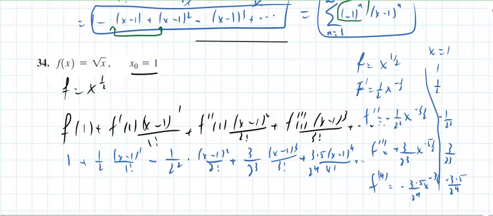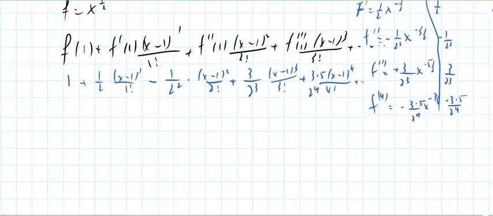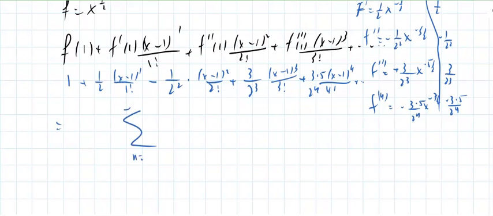So it seems we're looking at the series, n equal to infinity. There's an (x minus 1) to the n on each of those. These are moving up. It seems the denominator always has that factorial. It's alternating.